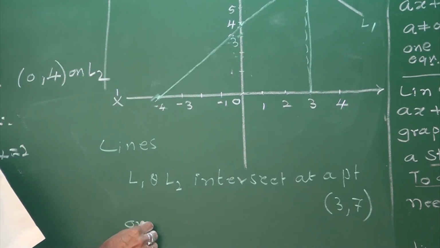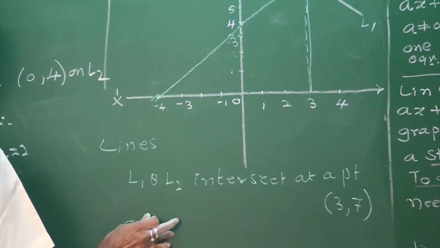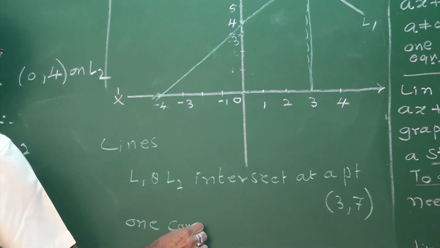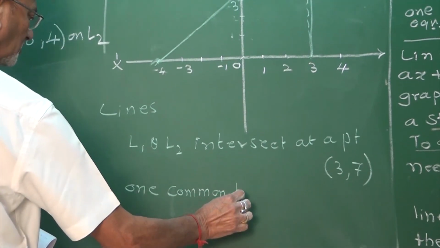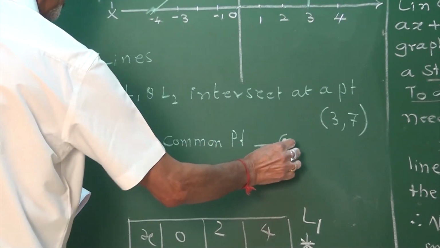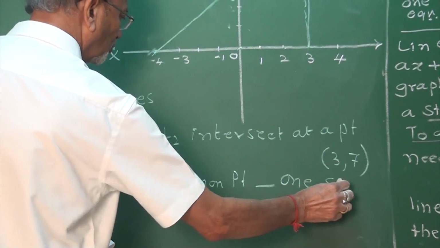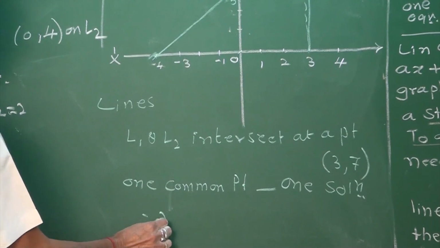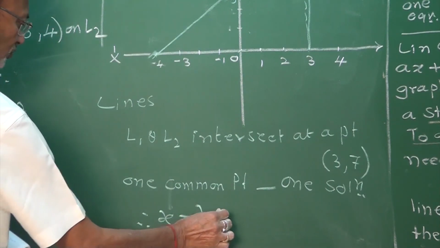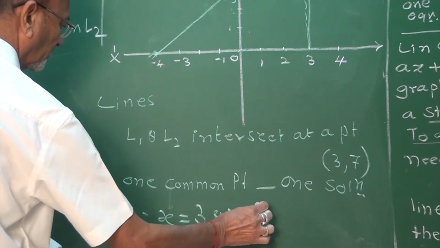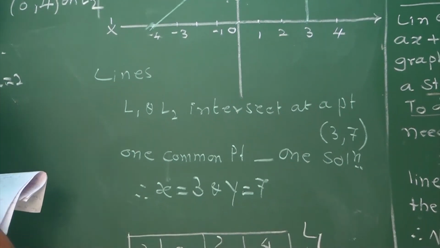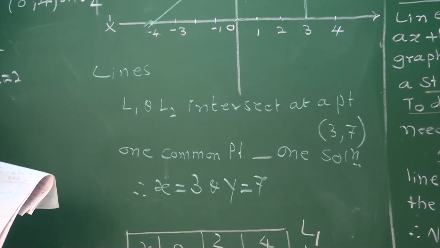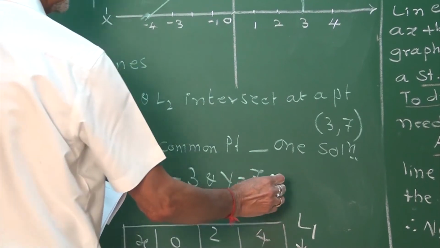One common point gives one solution, which means a unique solution. Therefore, x equal to 3 and y equal to 7 is the solution.